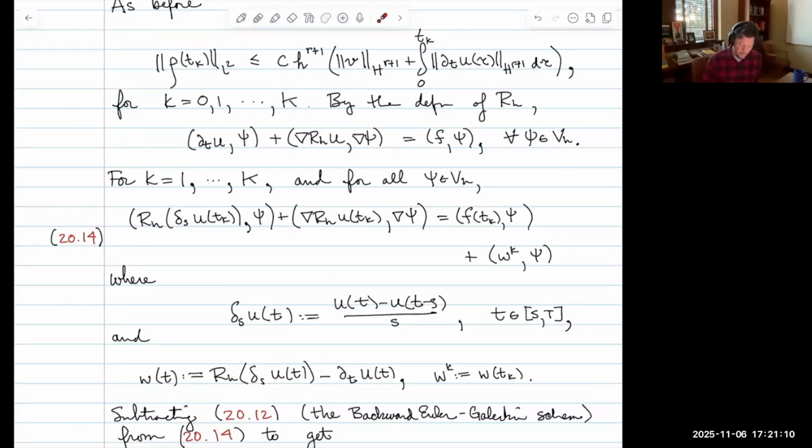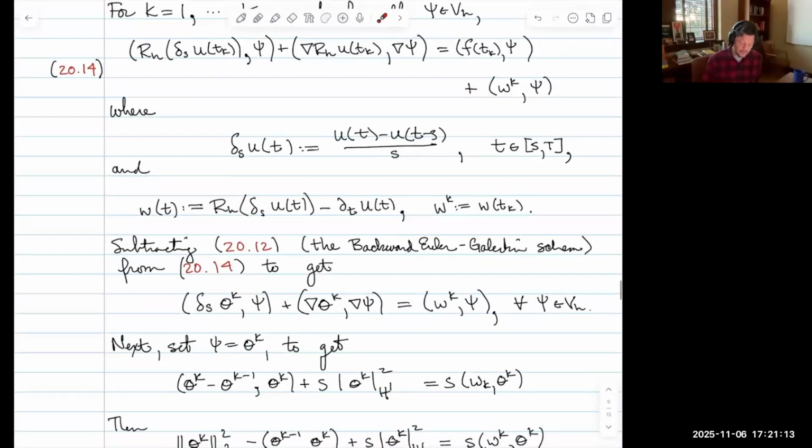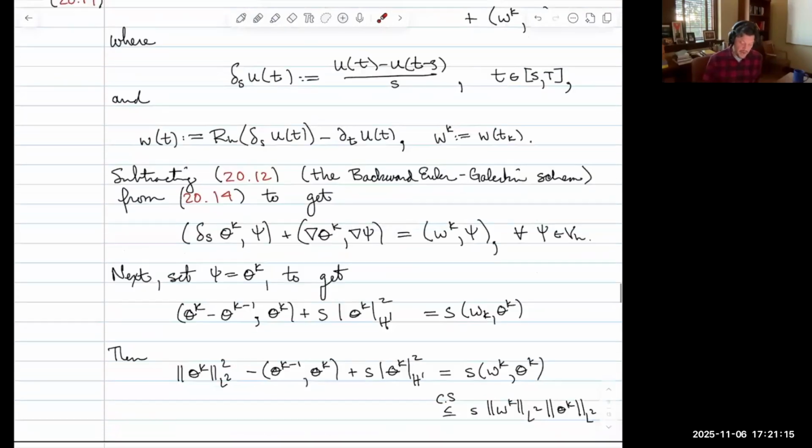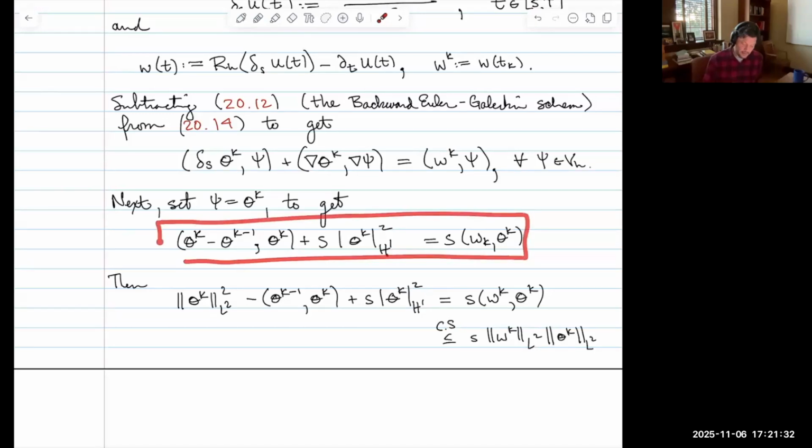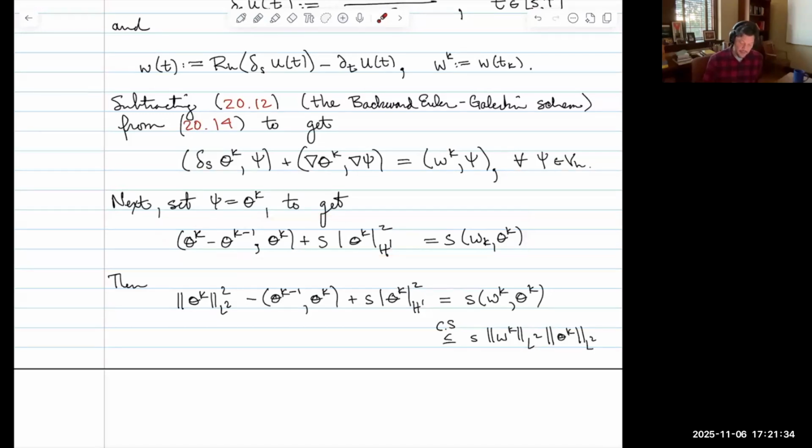What we do is we go back to the backward Euler-Galerkin scheme, and we subtract, and then finally we get an equation like this, which is an equation in theta. Once I'm here, I can replace this psi with theta^k because it's in the finite element space, and this allows me to get an equation that is entirely in theta. The forcing function over here, w^k, I haven't broken down yet. It's defined up here.